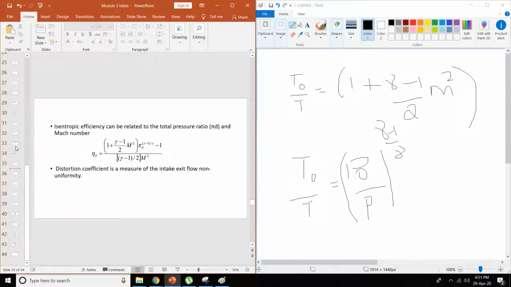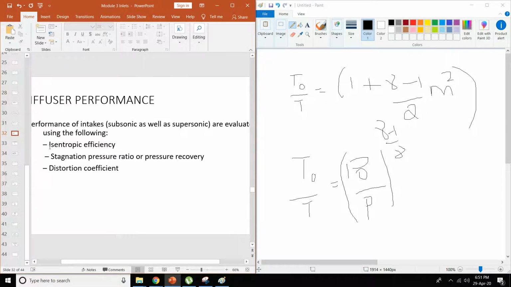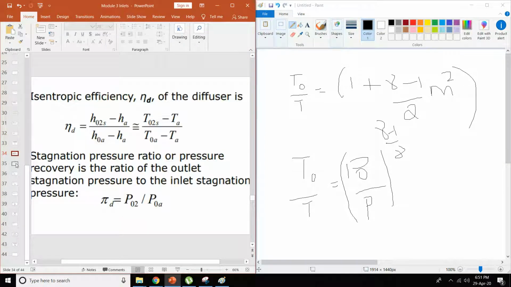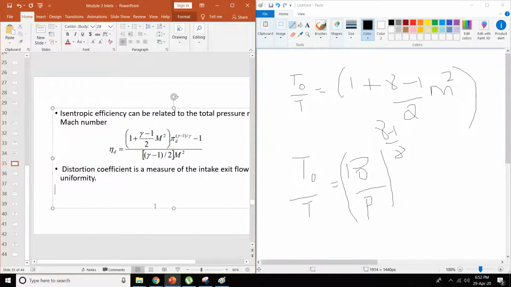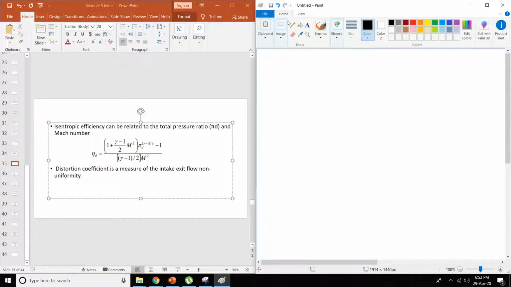Okay. So we had diffuser performance, which is defined by isentropic efficiency, stagnation pressure ratio or pressure recovery, and distortion coefficient. The last term is distortion coefficient. Distortion coefficient is nothing but how uniform the flow is. So if this is your inlet, how uniform the flow is going inside, or how laminar or how turbulent the flow is.